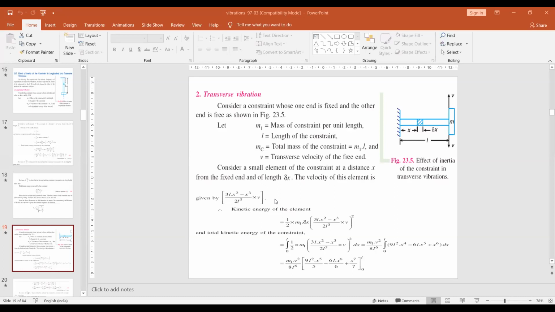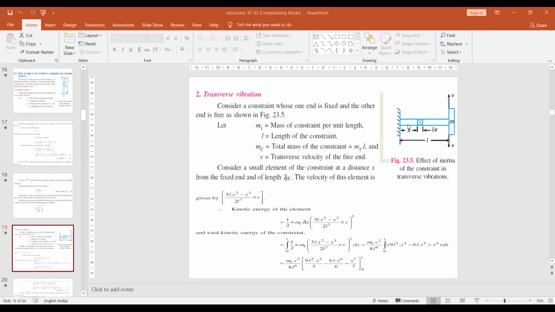That is from the derivation of static deflection. From those static deflection values, we may also take the slope of the particular section. At the distance x, we may also find the slope, and the slope will be written here.